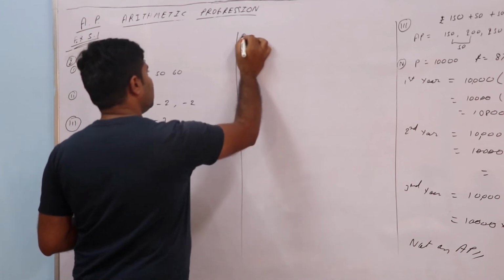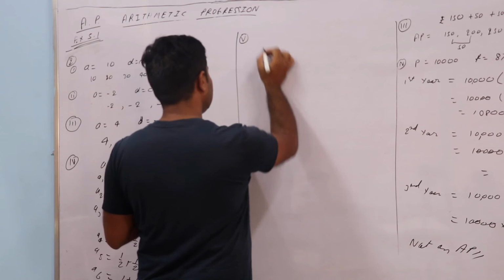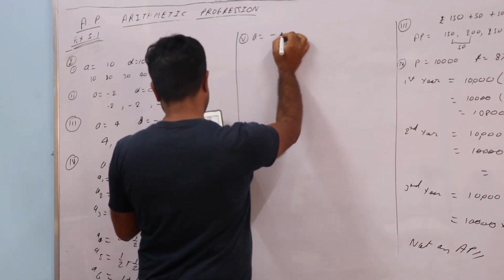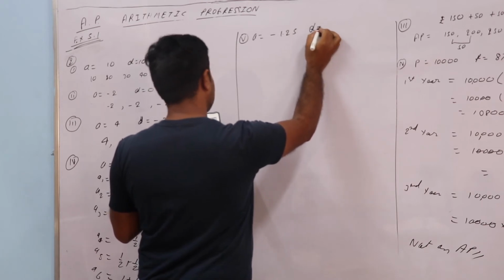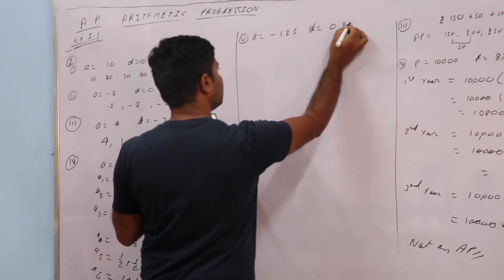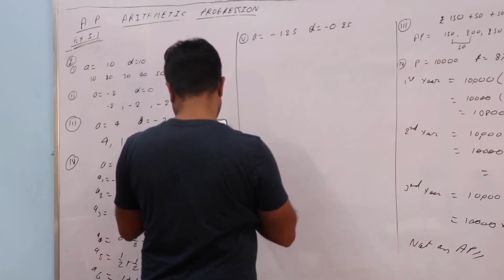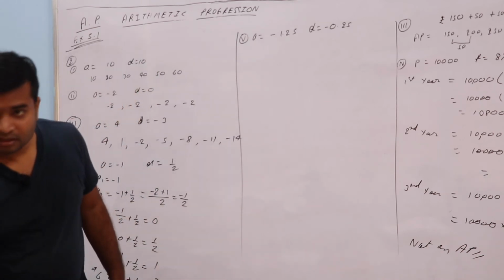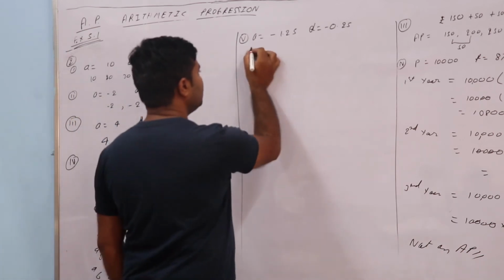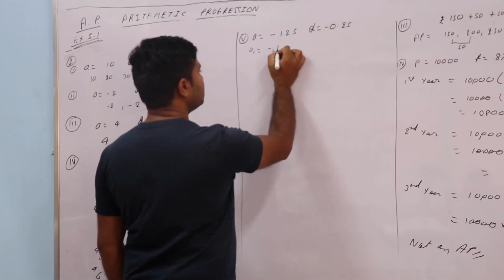Question number 5: A is equal to minus 1.25 and D is equal to minus 0.25. This is also calculative, so we will calculate. A1 is equal to minus 1.25, right?